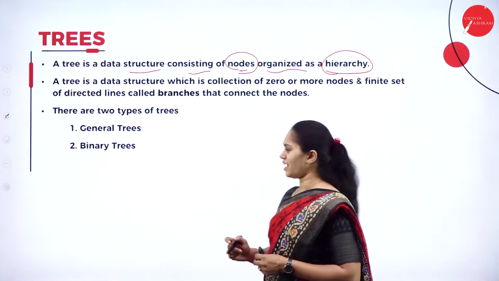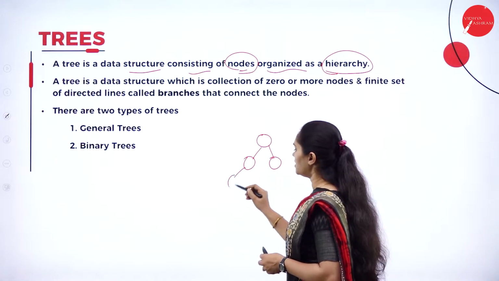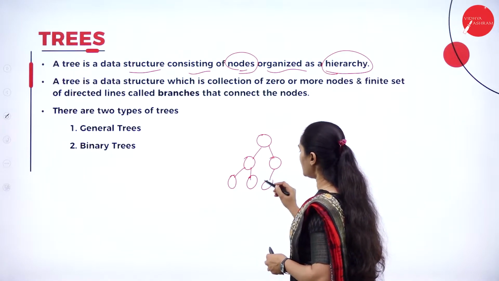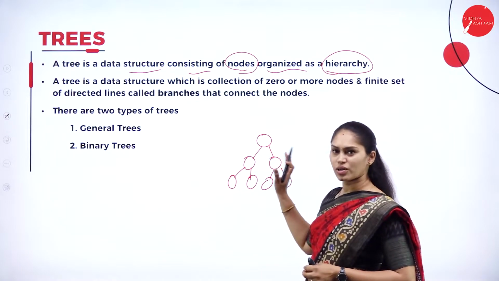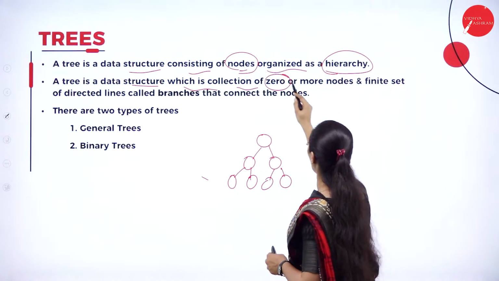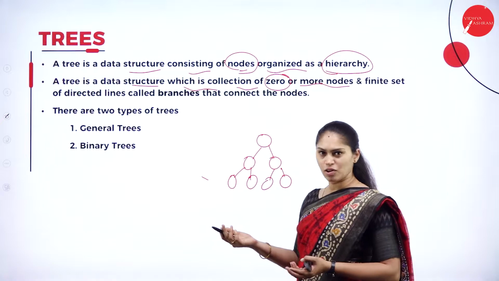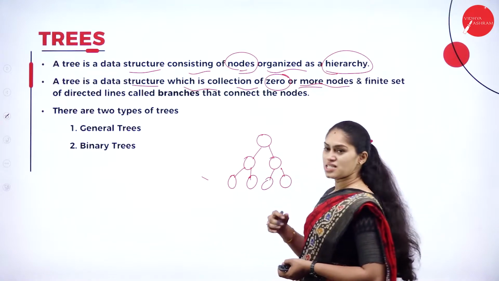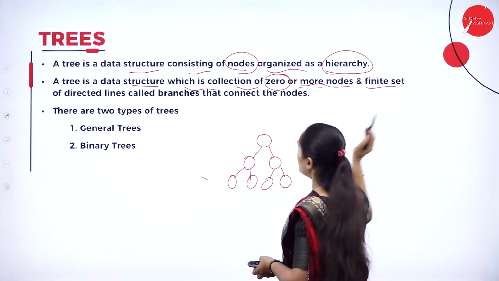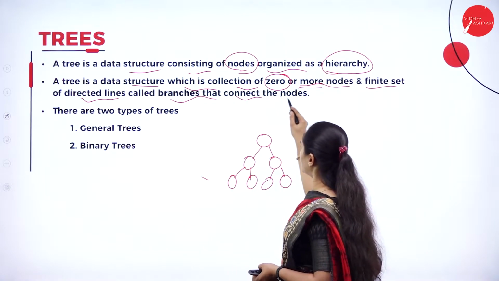If I say hierarchy, then you need to remember it will be like this, right? So hierarchy in the sense it is a tree-like structure. This you are going to learn right now. It is a data structure which is a collection of 0 or more nodes. So there can be no values or no items, that is 0, or it can also have some nodes and also a finite set of directed lines called branches that connect the nodes.